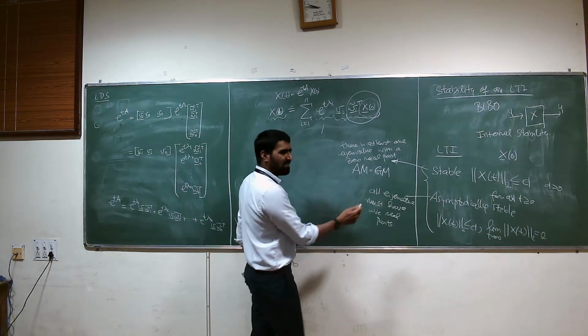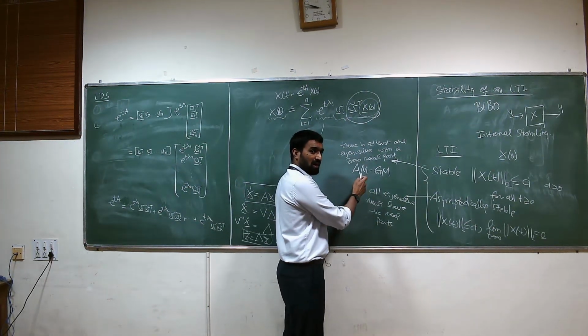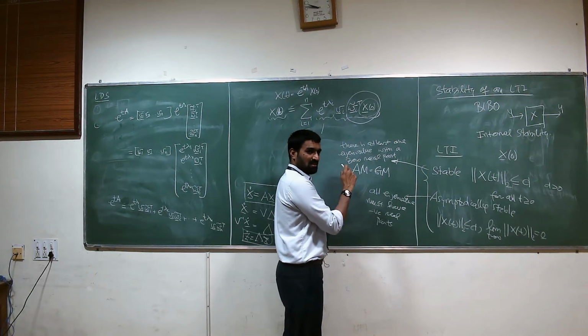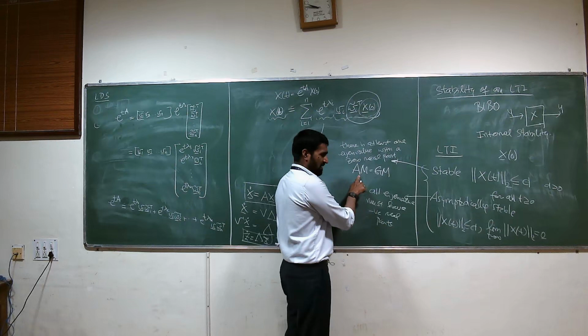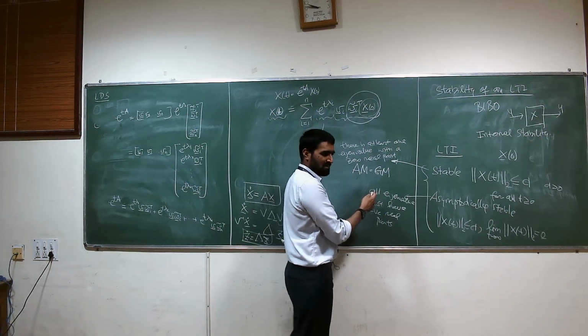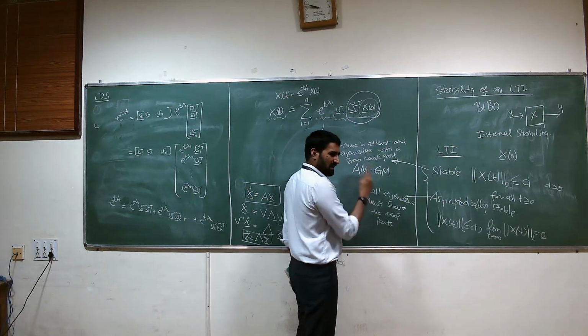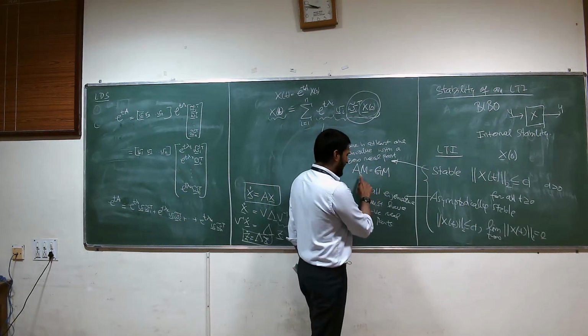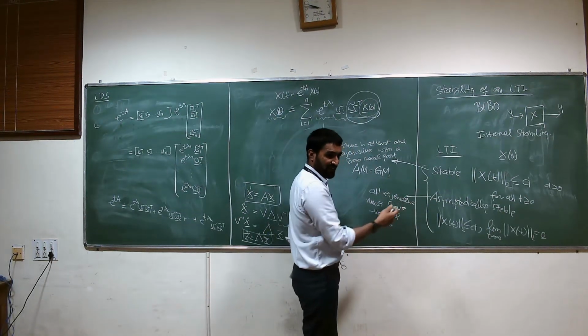Well, if an eigenvalue is not repeated, what is Am? If it occurs only once, okay? If all eigenvalues are unique, then what is Am for all the eigenvalues? One. It occurs only once. And whenever you have Am equals 1, Gm will always be equal to 1. You can always find an eigenvector.